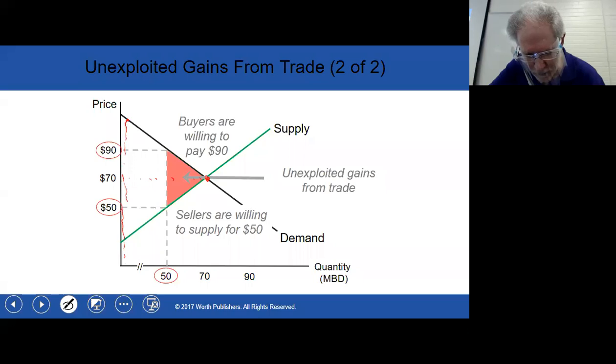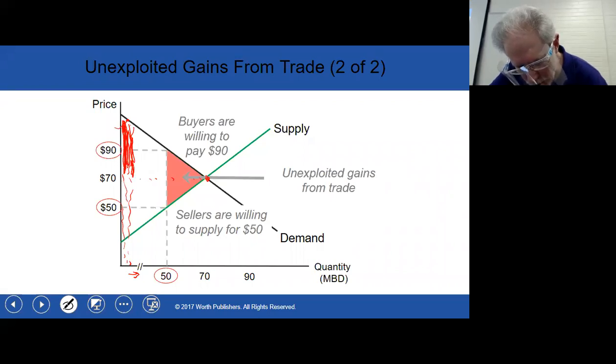And as we look at more and more units, what are those extra units worth? Well, we always read that off of the demand curve. For each unit, the demand curve tells us the most somebody was willing to pay for that unit. And so the consumer surplus for each unit is the difference between the most the consumer is willing to pay and what they actually had to pay. So you've got consumer surplus of that amount on the first unit, and then a slightly smaller on the next.